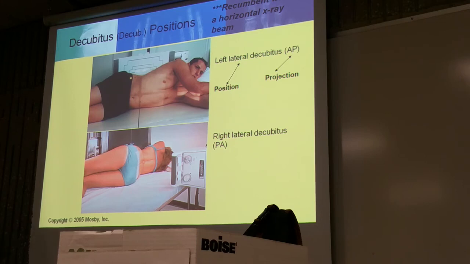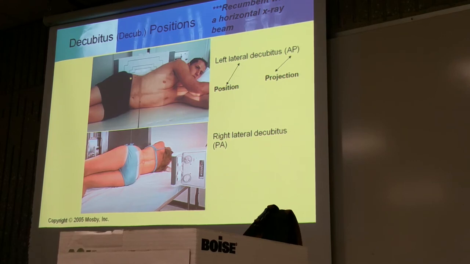Now, when I'm describing a decubitus image, there are two things that have to happen. Number one, the patient has to be recumbent. And now the projection, instead of being vertical, is horizontal.